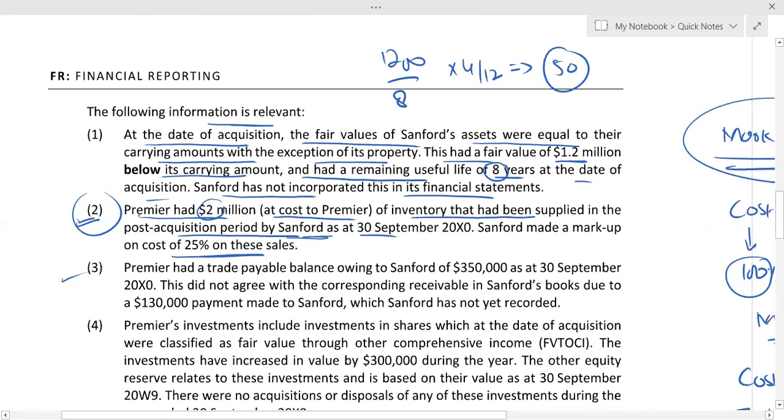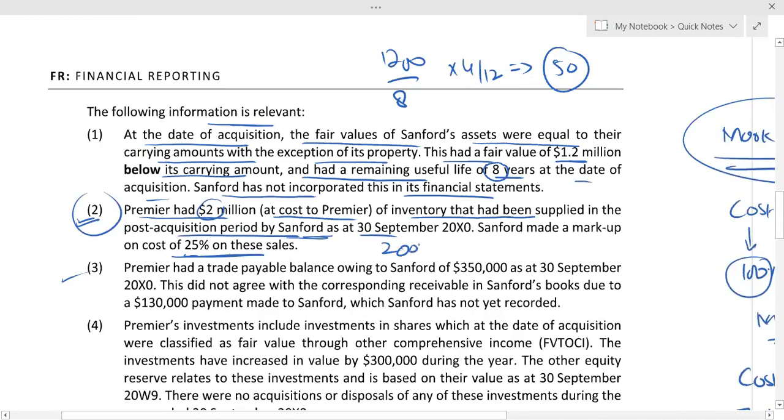If 2 million is a cost to the parent, obviously 2 million is a sale value for the subsidiary. If I'm the buyer, whatever I'm going to pay you, that will be cost for me, and for you, it will be a sales value. 2 million is cost for the parent, so obviously the same 2 million is selling price for the subsidiary. And in case of markup, markup is a percentage of cost. We know that selling price is 125% because of 25% markup.